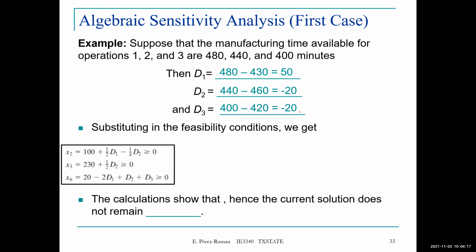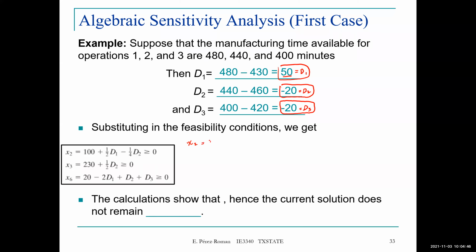Substituting in the feasibility conditions, we get the following. So now I'm going to substitute these changes. So this is D1, this one is D2, and this one is D3. So I'm going to substitute these values here.